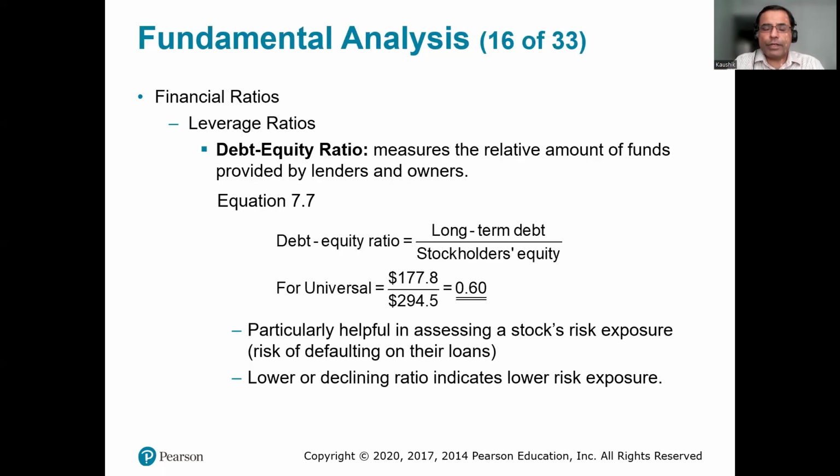The first is debt equity ratio, the relative amount of funds available from debt and equity, that is from lenders and shareholders. Ideally, this ratio should be low, which means that the company has less debt with respect to equity. So it has less financial obligations for payout.